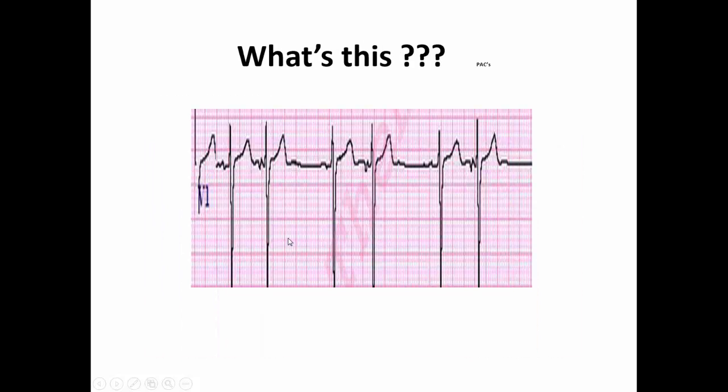What about this? Give you a second to take a look at it. So if we take a look at this, it's fairly irregular.